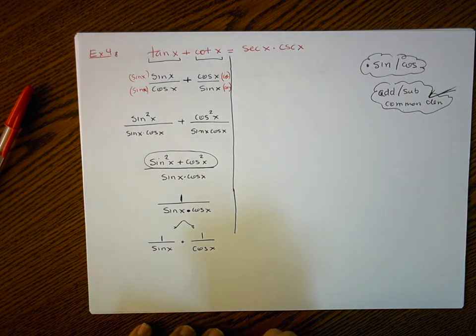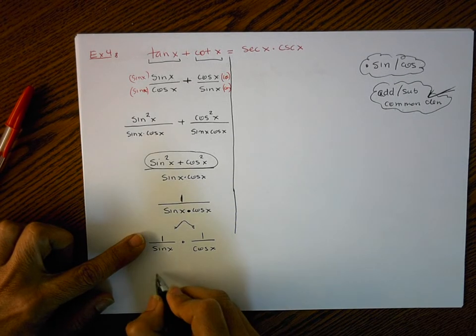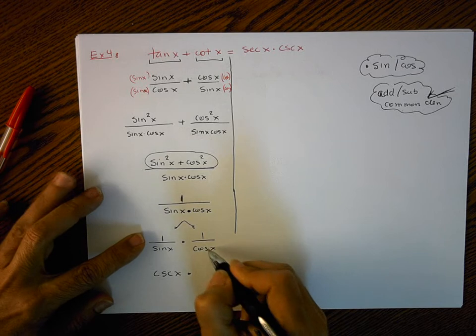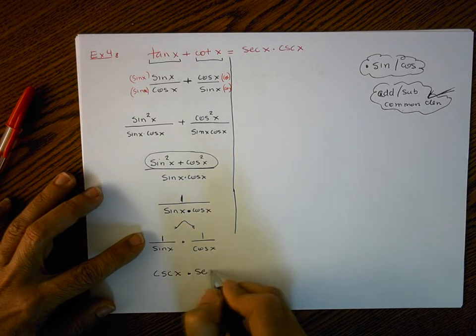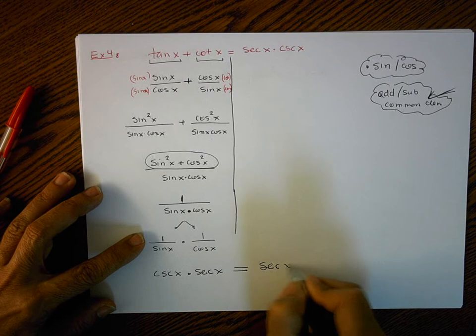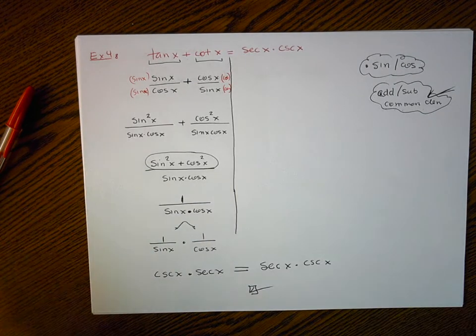So there we go. I know that 1 over sine is our cosecant of x, and 1 over the cosine is our secant of x, which equals exactly secant of x times cosecant of x. Therefore, we were successful. Again, it was algebra and substitution. Okay? We never messed with this other side.